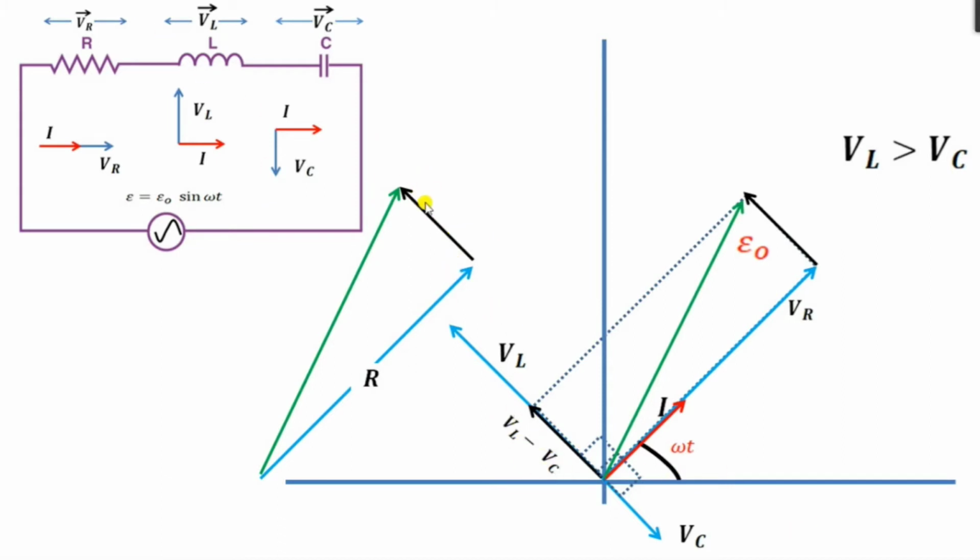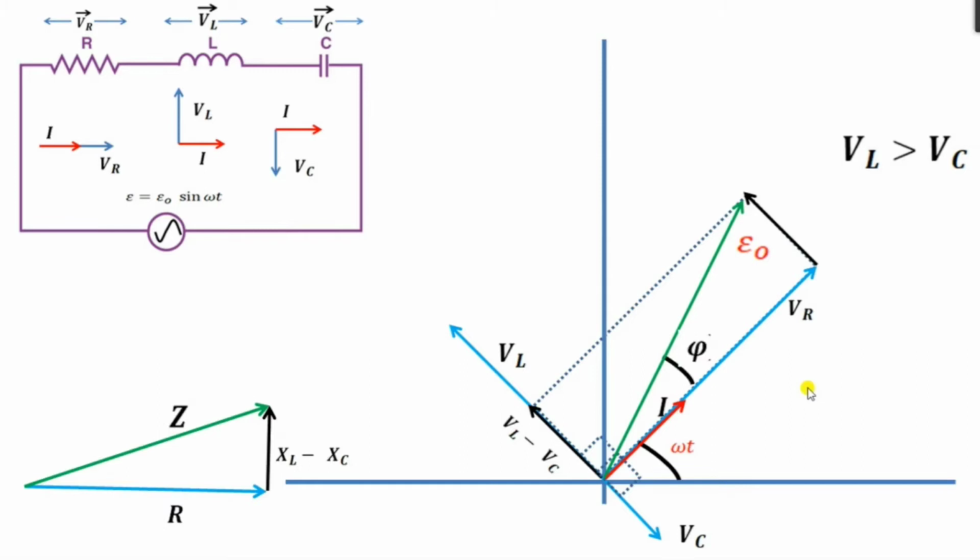The resistance offered by this part will be XL minus XC, where XL is the inductive reactance and XC is the capacitive reactance, and this side is the total resistance of the circuit, that is Z. We call it impedance. Suppose the angle between the current and the final voltage is phi, then we can mark this angle as phi. Now we have to find the current and phi for this circuit.